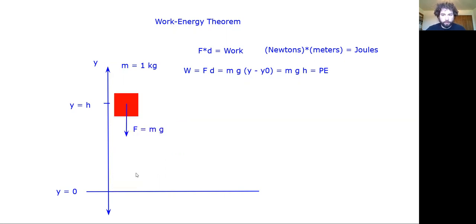So there's an initial height, and then it falls because of the force of gravity. It accelerates. We know the acceleration is going to be g, 9.8, and so this is also going to have a velocity.